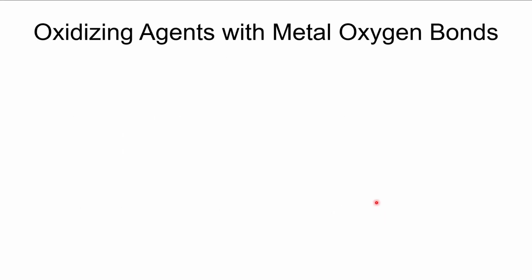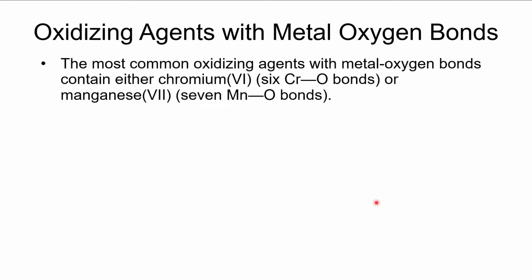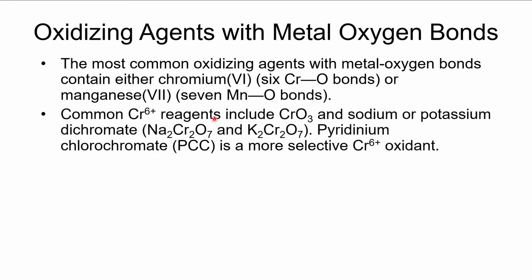All right, oxidizing agents with metal-oxygen bonds. The most common oxidizing agents with a metal-oxygen bond are either going to have chromium 6 oxide or manganese 7 oxide. And there are a couple of others that we'll look at here in a bit, but these two are the main ones.